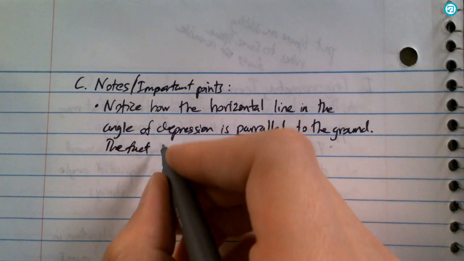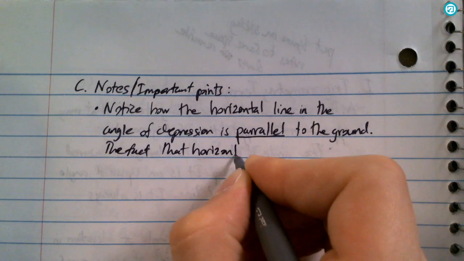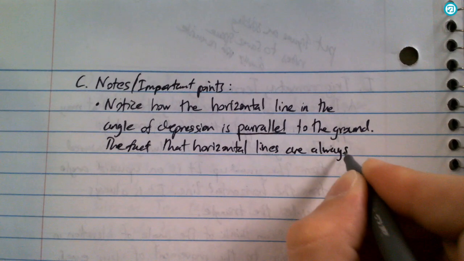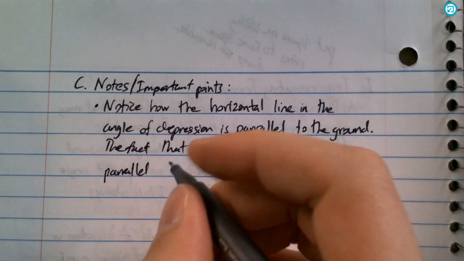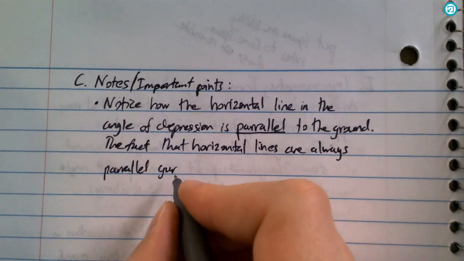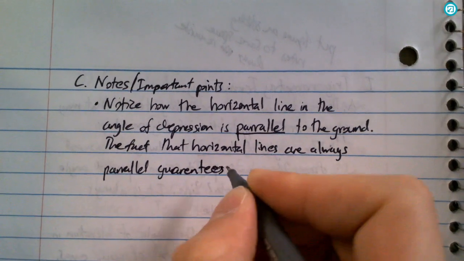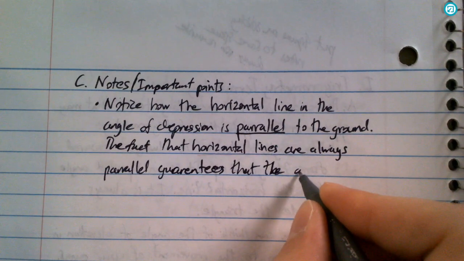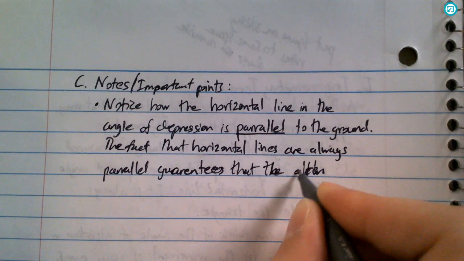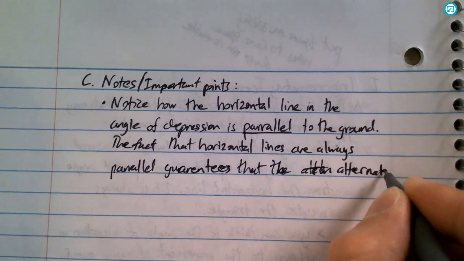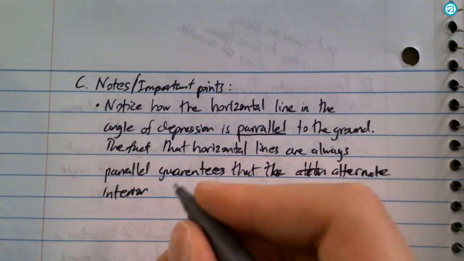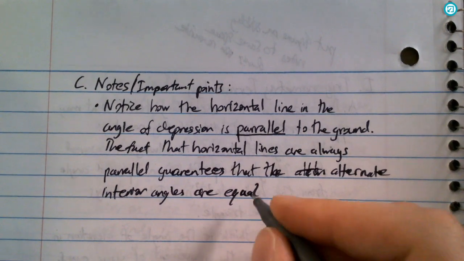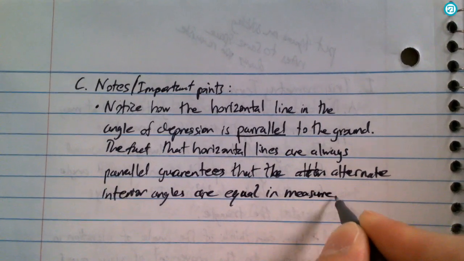The fact that horizontal lines are always parallel guarantees that the alternate interior angles are equal, not congruent, but equal in measure.